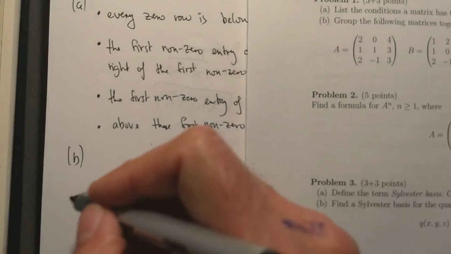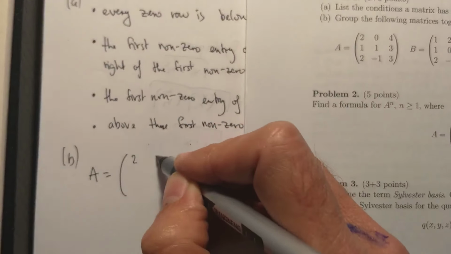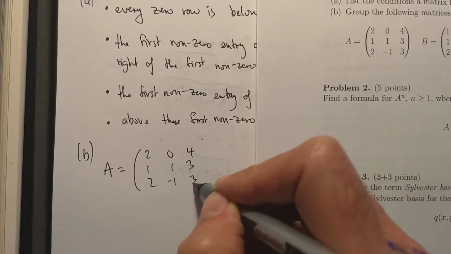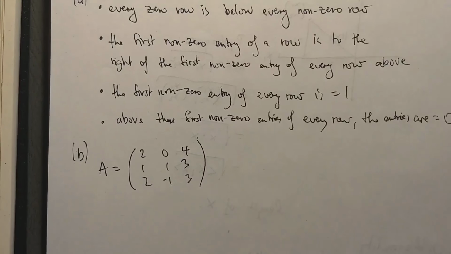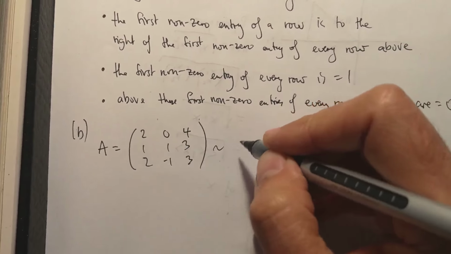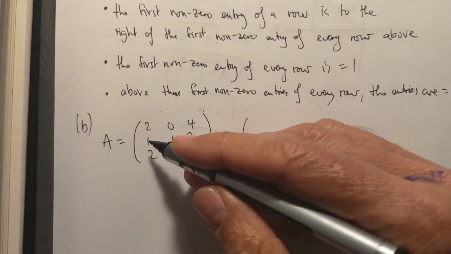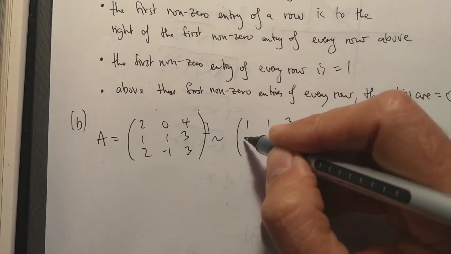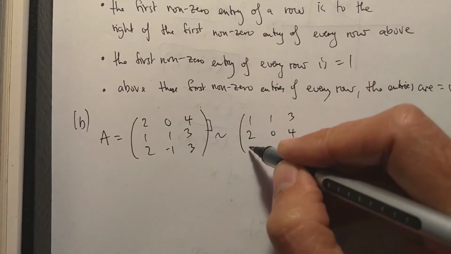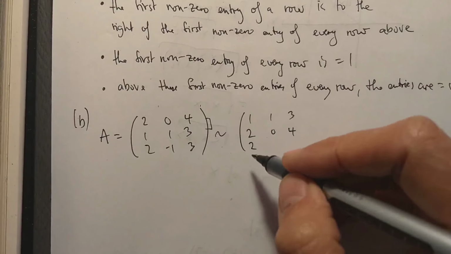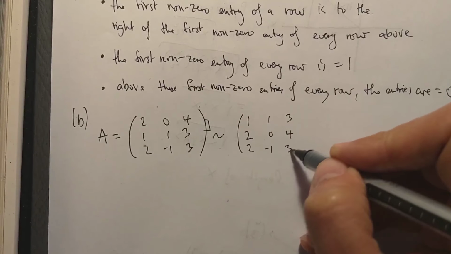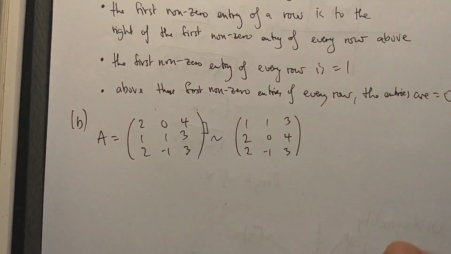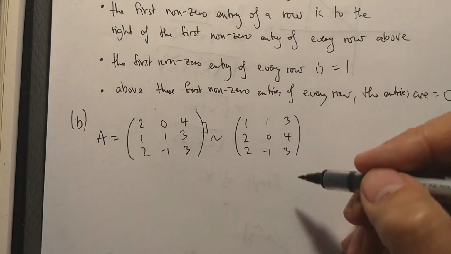So let's start with A: 2, 0, 4, 1, 1, 3, 2, minus 1, 3. This matrix is row equivalent to, well, let's swap the second row to the top, rather than dividing by 2. Maybe I should have divided by 2, but too late now.